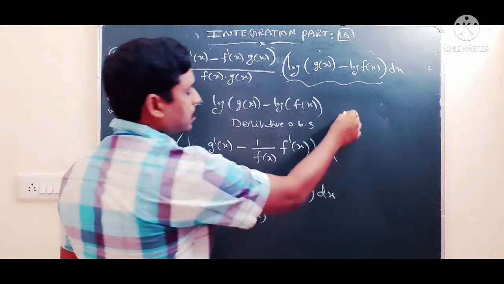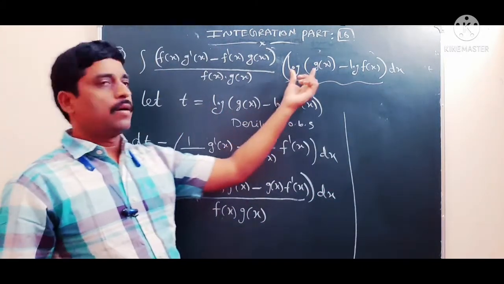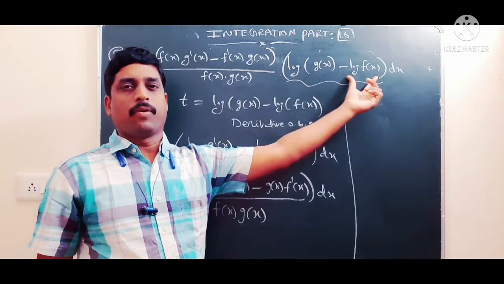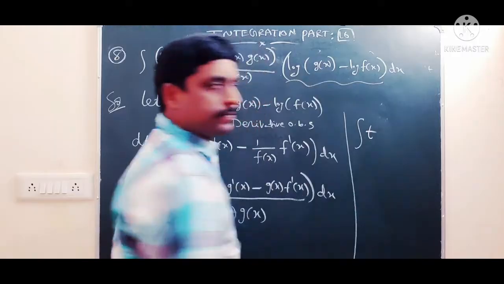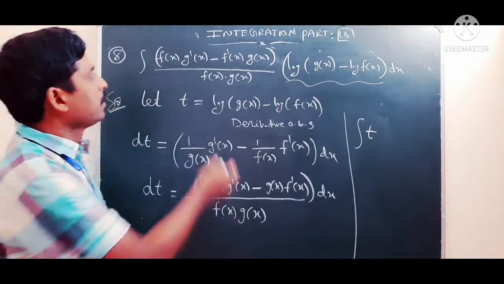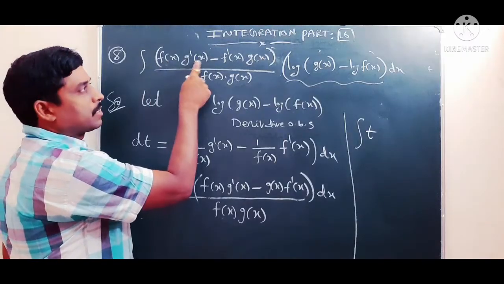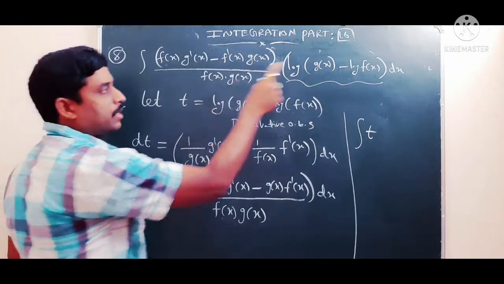Now our target is the integral. Log of g of x minus log of f of x, we write t. Then f of x g dash x minus f dash x g of x by f of x into g of x dx is dt.